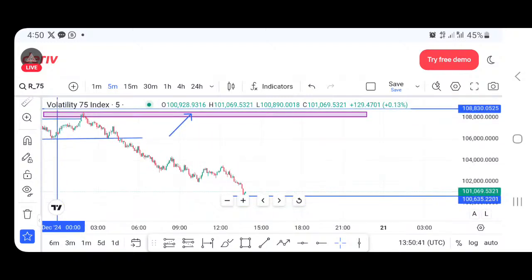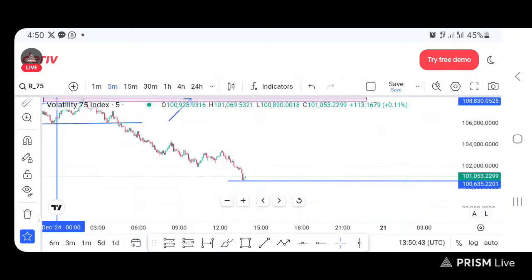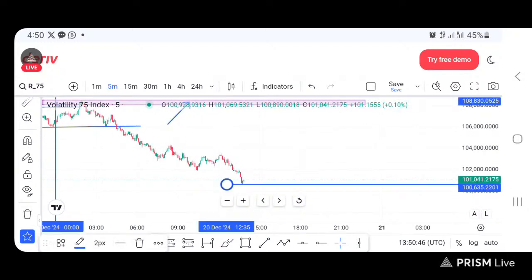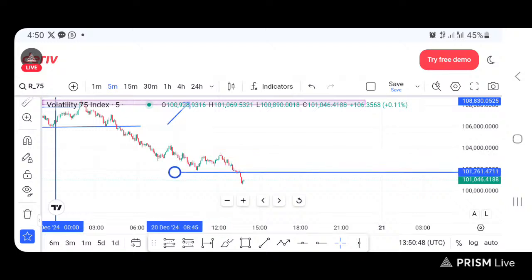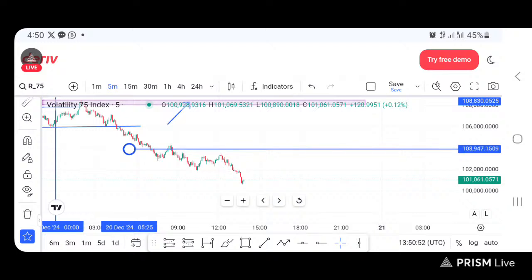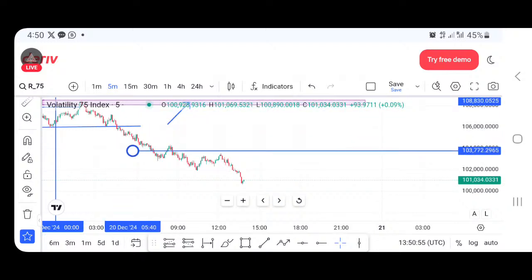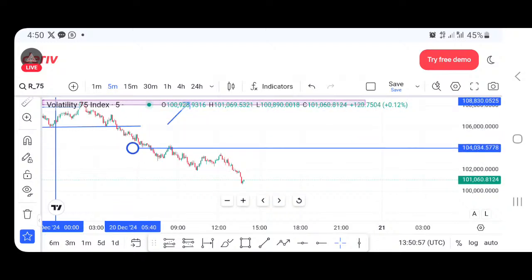So this exact area will be our TP. If it starts from here and comes back here and triggers, this will be our final TP. If it starts here, comes back and triggers, this will be our last TP.